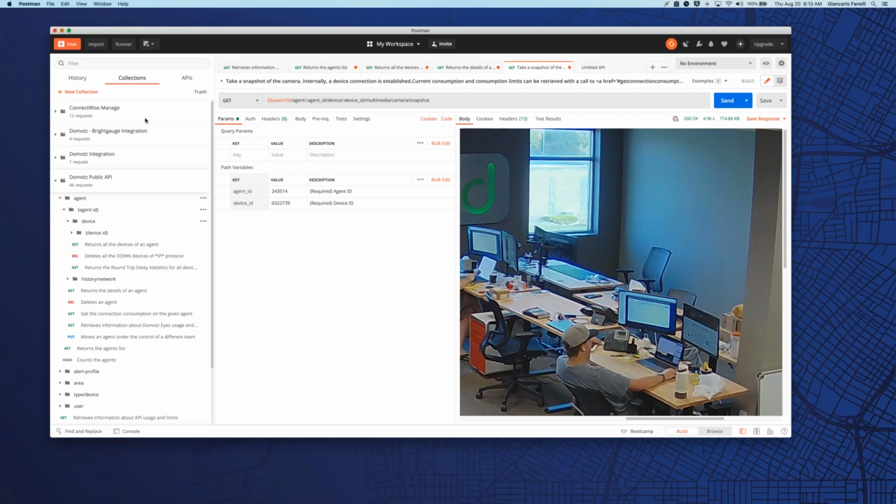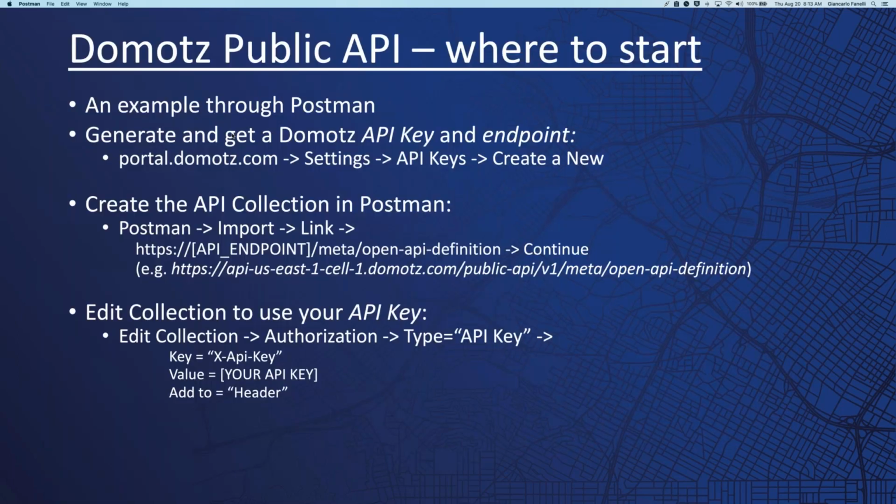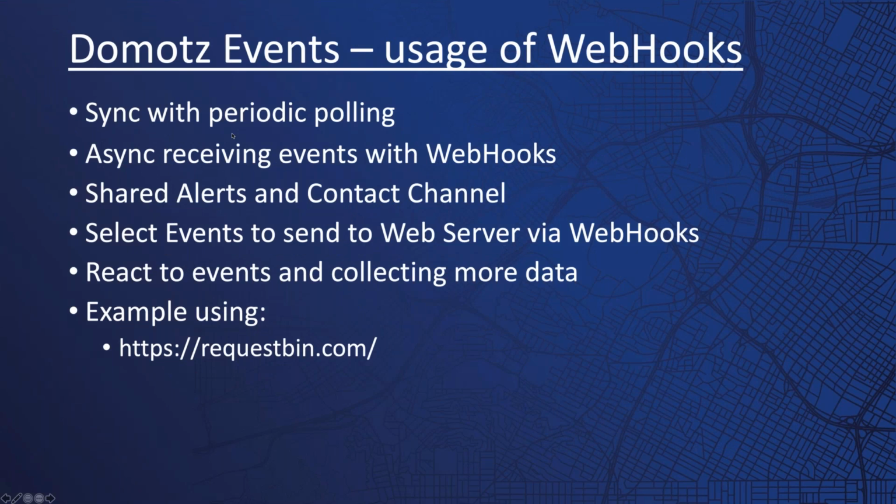The next thing I want to cover is the usage of webhooks. You might be familiar with the fact that the public API is used to collect information out of Domotz in a sync way or periodically. But if you are planning to build your own platform or your own portal around Domotz data, you probably want to synchronize with Domotz data through the public API, but you don't want to pull the data out of Domotz very frequently.